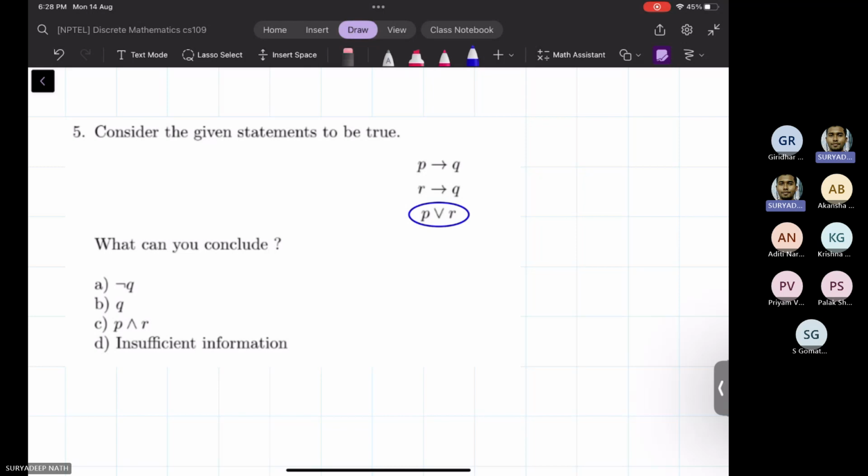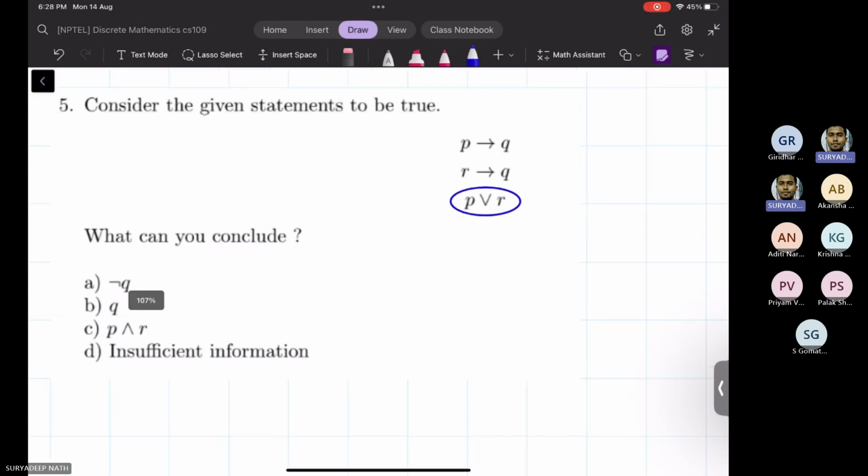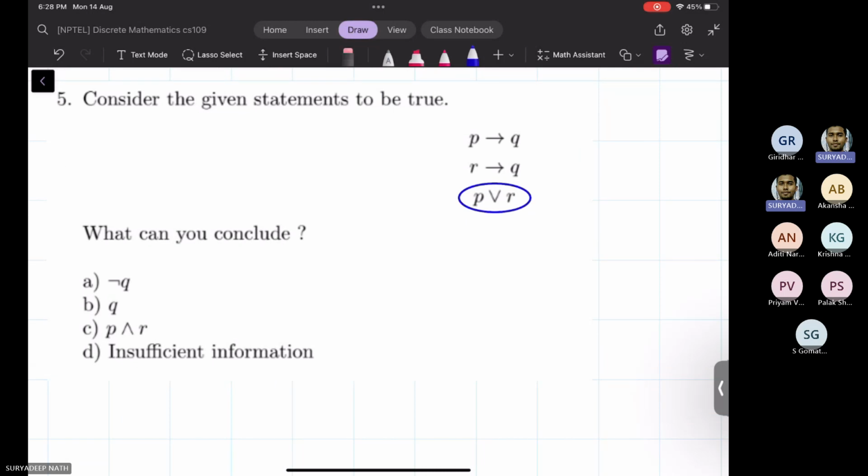The third one is a statement. So can anyone say what can you definitely conclude from this: A, whether not Q is true, that is Q is false, B, whether Q is true, or C, P and R is true, or is it insufficient information? So can anyone go ahead and say?